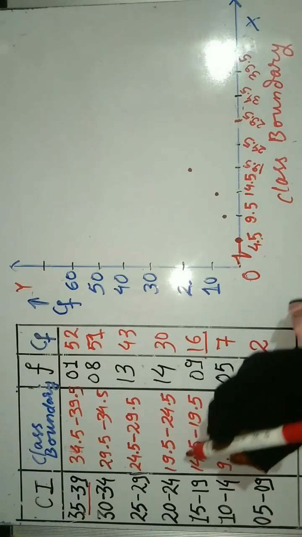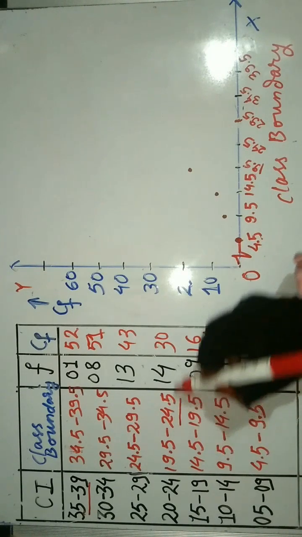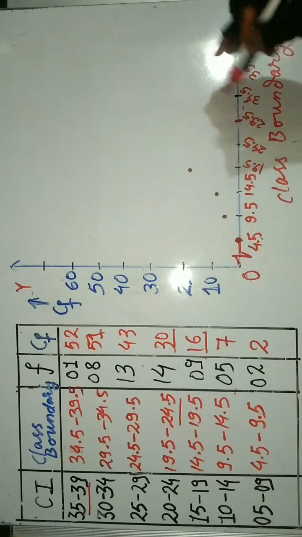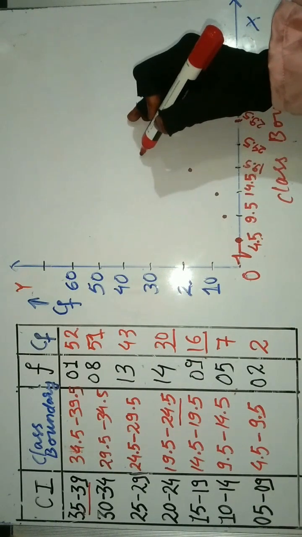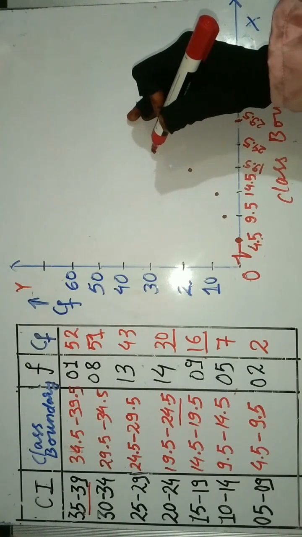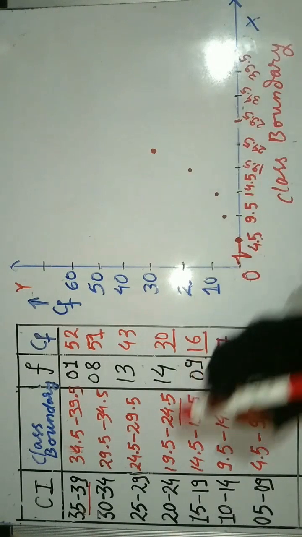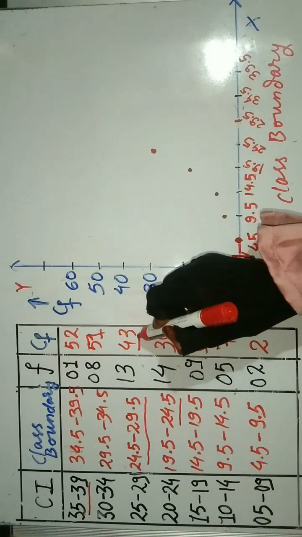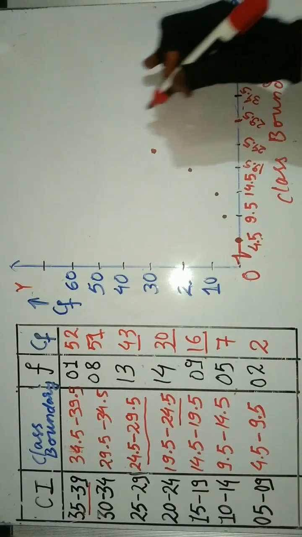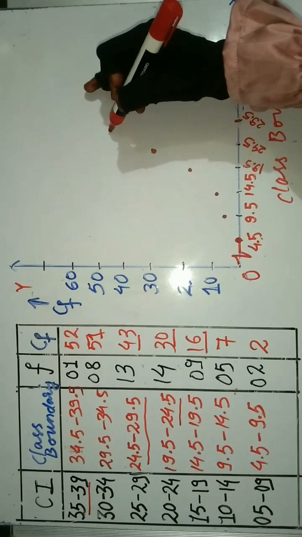next 24.5, so the cumulative frequency is 30. So here is 30. Next 29.5, the cumulative frequency is 43.